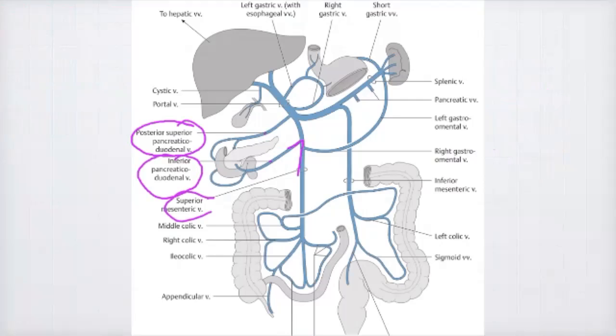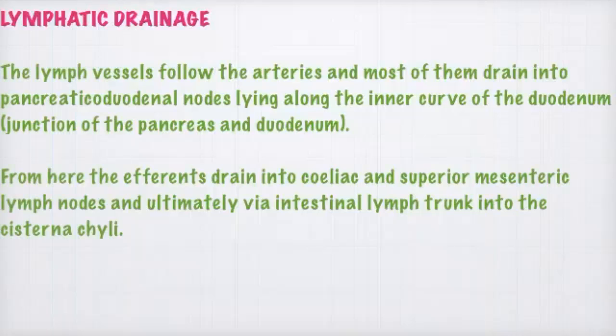Coming to the lymphatic drainage, lymph vessels follow the arteries and most of them drain into pancreaticoduodenal nodes lying along the inner curve of the duodenum. From here, the efferents drain into celiac and superior mesenteric lymph nodes, ultimately via the intestinal lymph trunk into the cisterna chyli.